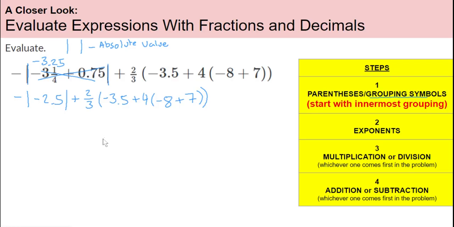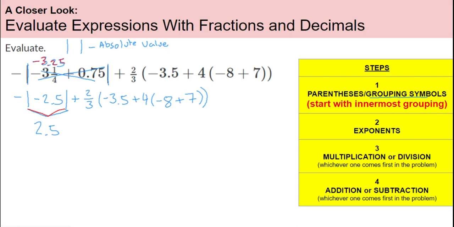All right, what are we going to do next? We're still in this absolute value. What's the absolute value of negative 2.5? Well, it's going to be positive 2.5. So I'm going to do that next. I'm going to change my color so you can see everything that I've been doing and changing.